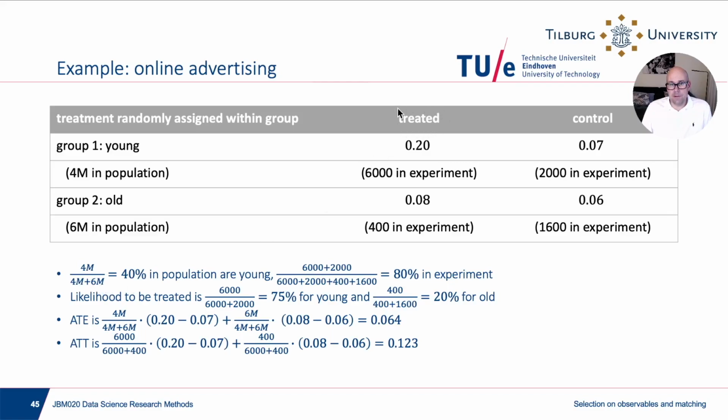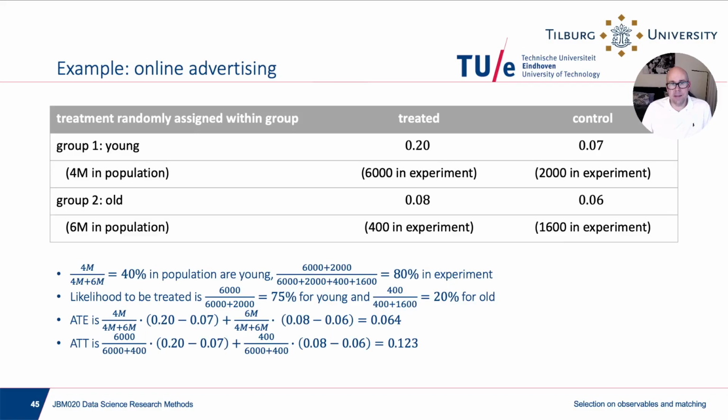Then I have a treated group and a control group, and I have treated individuals among the young, I have treated individuals among the old, and here you get the numbers. Okay, 6,000 treated were young, 400 treated were old. Then you have the control group. So here you have 2,000 young people in the experiment, and you have 1,600 old people in the experiment.